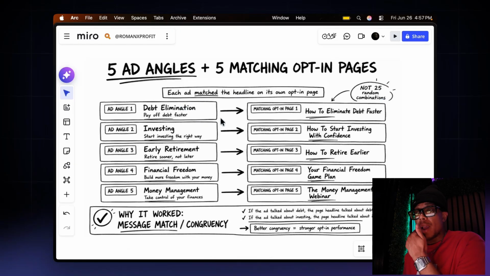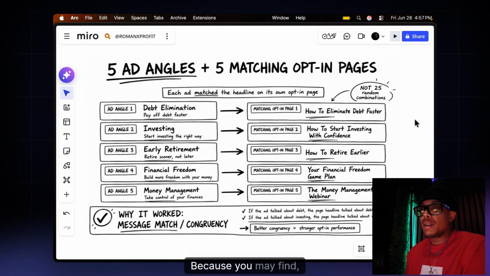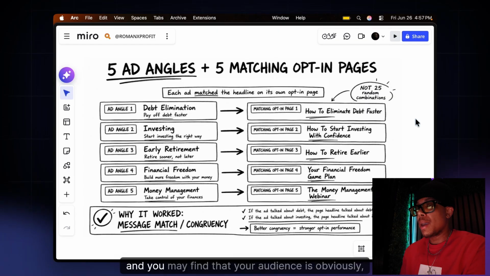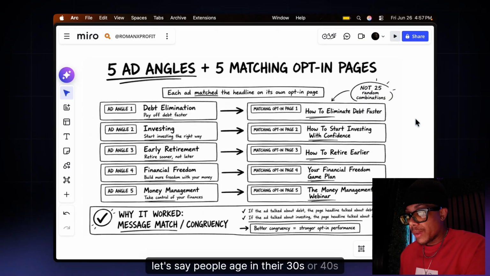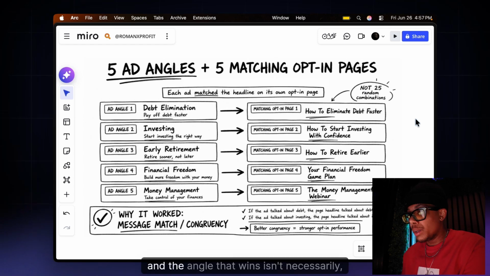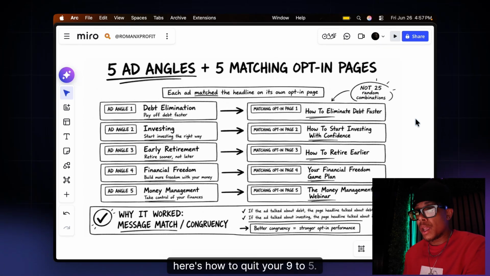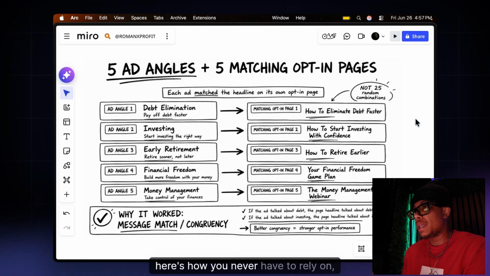Now, as far as testing and ensuring everything is congruent, you want to be very intentional with the ads you're running, the angles you're using, and the messaging you're testing. I'm always testing different messaging angles to find what best resonates with the audience at any given moment.